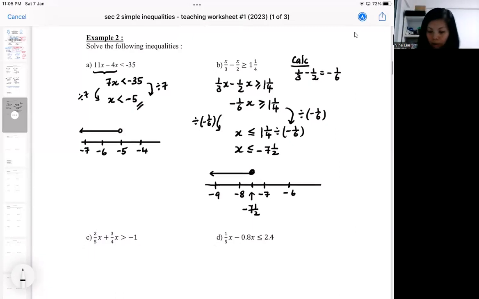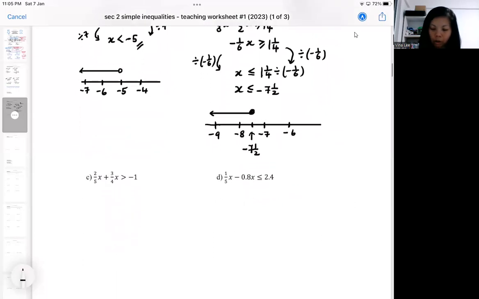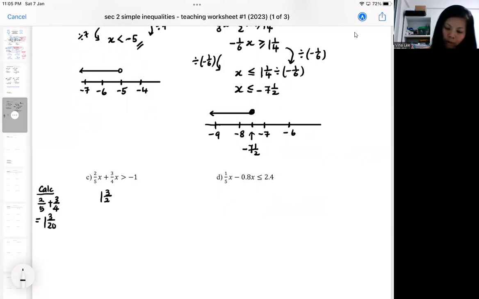Same thing for the next one. You got a fractions. On our calculator, this portion, 2/5 plus 3/4, I will get 1 and 3 over 20. So I'll get 1 and 3/20 x greater than -1.